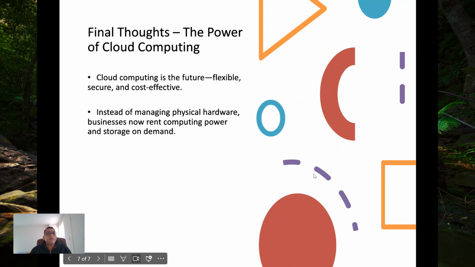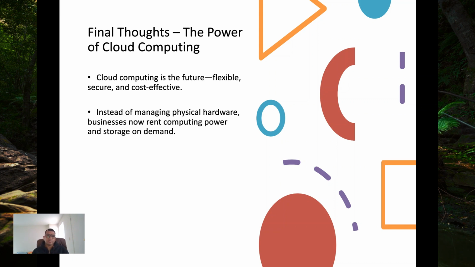So I hope you have understood what cloud computing is, and why companies are moving towards cloud computing, because there are several benefits. We have also learned it is cost effective because we don't have to buy physical hardware, maintain the security, or maintain infrastructure.